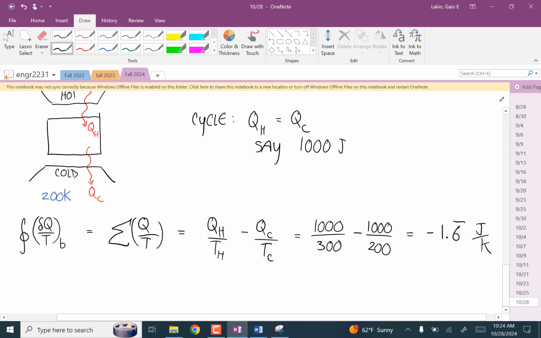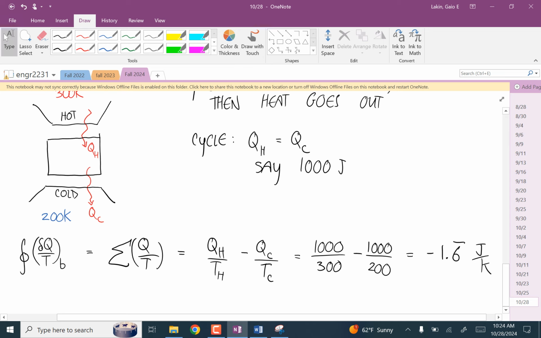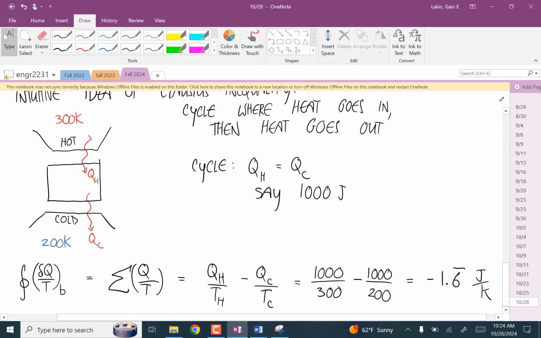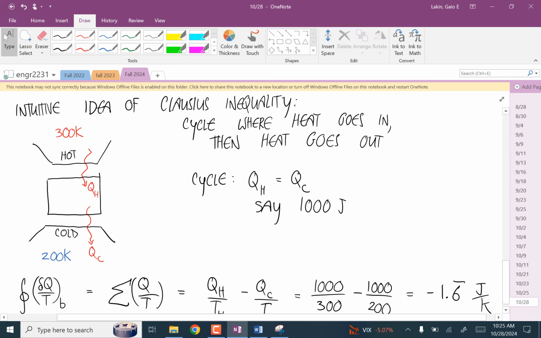Why is it minus QC over it? Because I'm just adding, our sign convention for heat transfer is positive is going into the system, negative is going out of the system. And so the reason that this comes out negative in this case is because you can't get heat to transfer spontaneously from a lower temperature to a higher temperature.